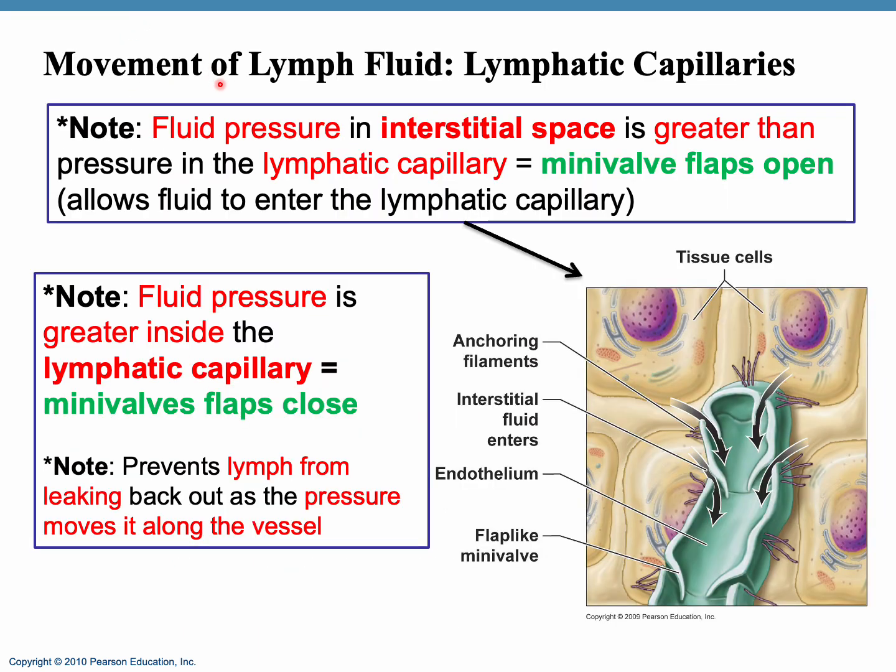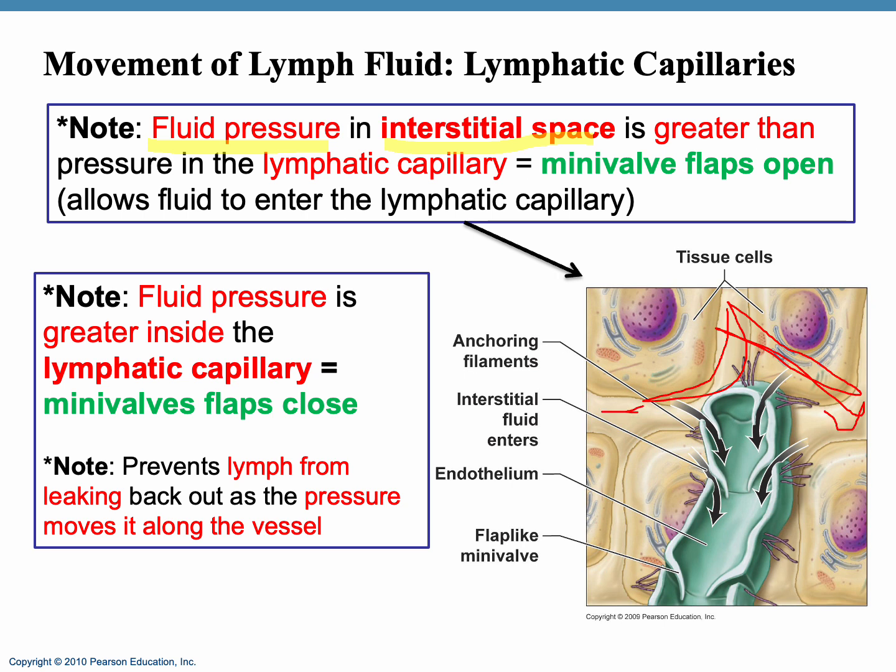All right, there's not a whole lot of physiology when we look at the lymphatic system. The big thing here ultimately is the opening and closing of these mini valves. And that's ultimately triggered by differences in fluid pressure. So, first we'll take a look at when fluid pressure in the interstitial space, this is the space between tissue cells. So if you're wondering where is he talking about? What are we looking at here, Chris? So interstitial space, all this area out here around the tissue cells.